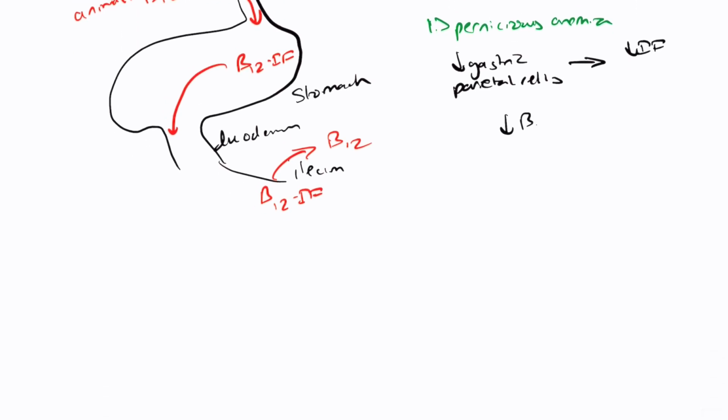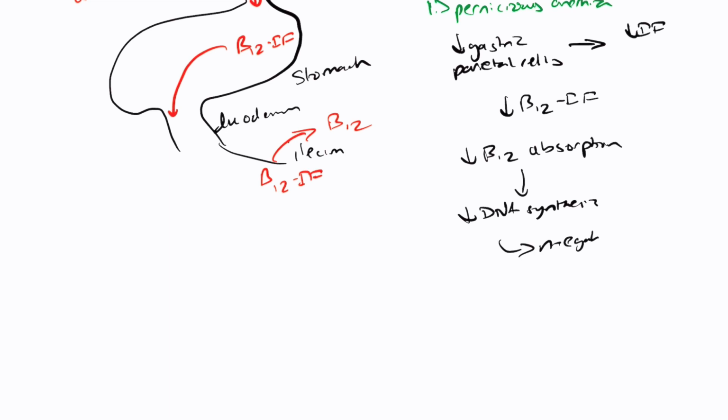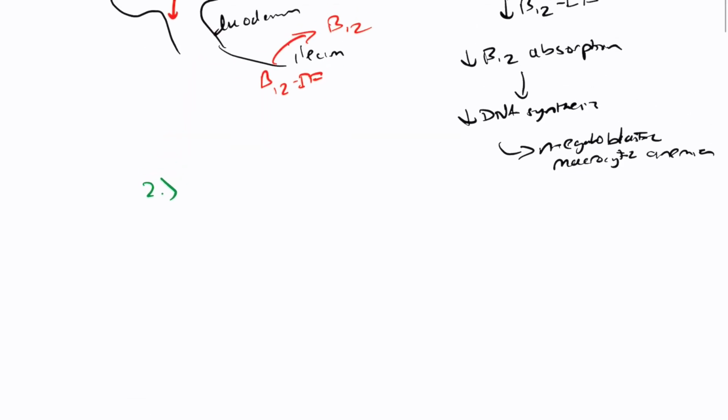Because of that, there's decreased B12 absorption, which causes decreased DNA synthesis, which leads to megaloblastic macrophagic anemia. The second clinical association that you have to know is you have to look at the history to see if there was a prior GI disease.